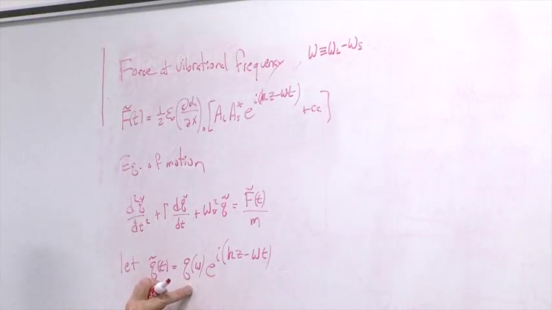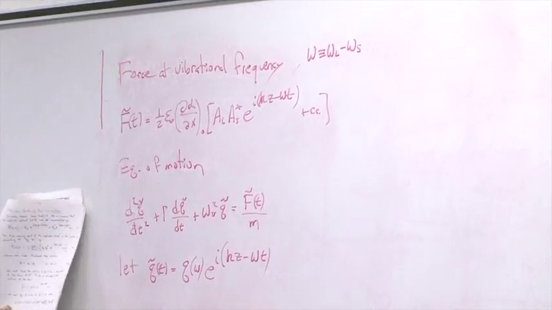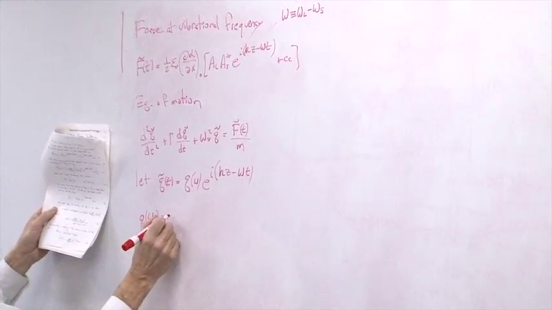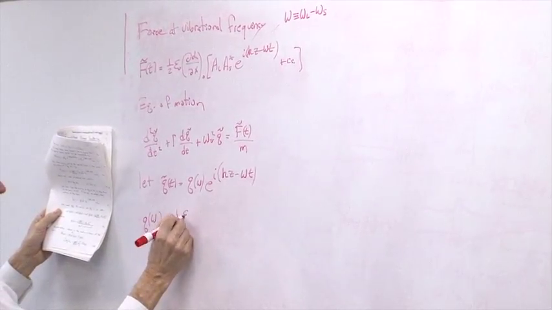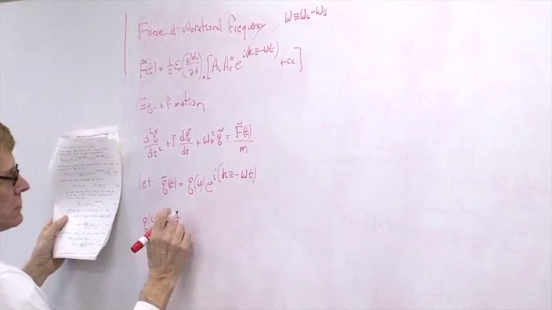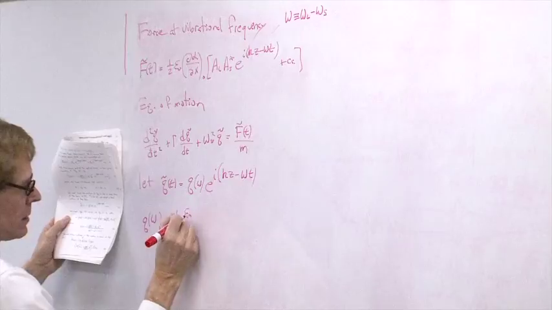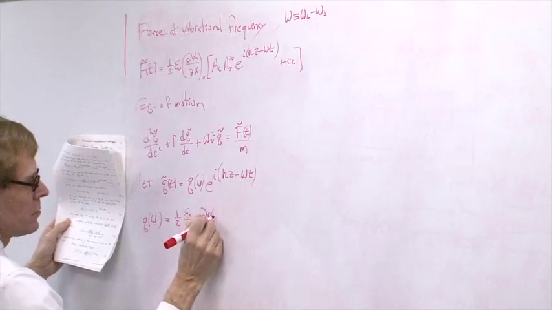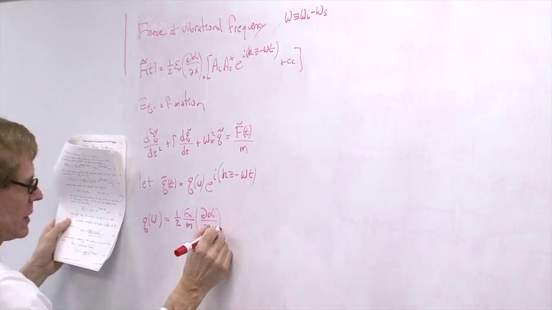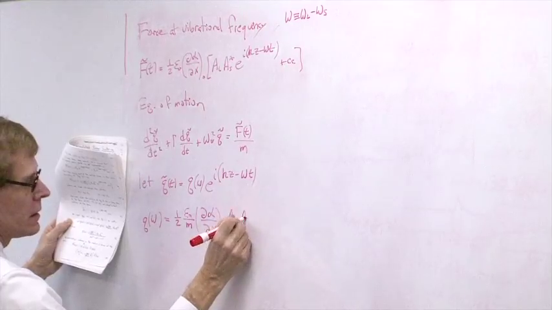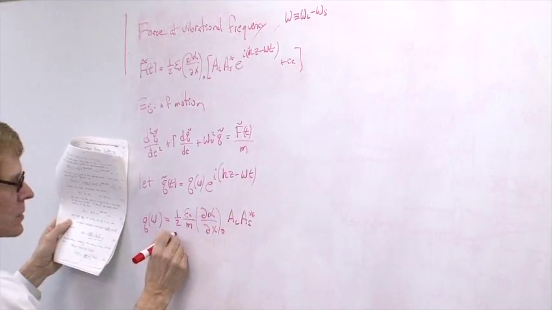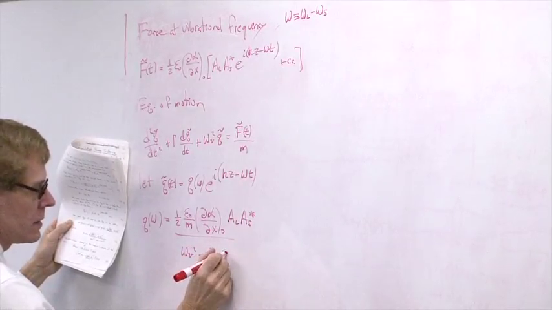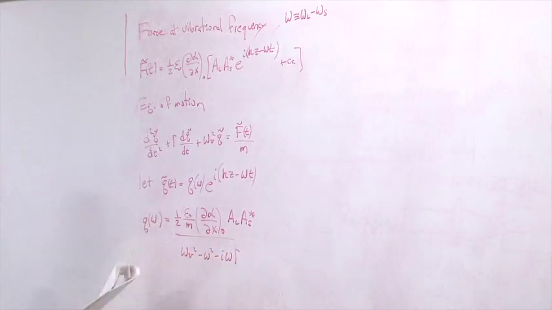Okay, so substitute this into this equation, and I won't show the steps because they're so obvious, but Q of omega is then 1/2 epsilon 0 over m, partial alpha with respect to x at 0, a laser, a Stokes star, over omega v squared minus omega squared minus i omega gamma.